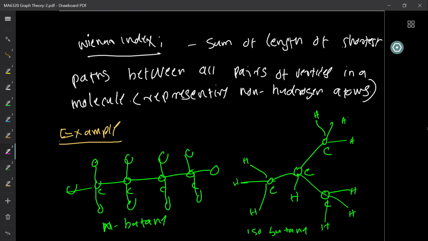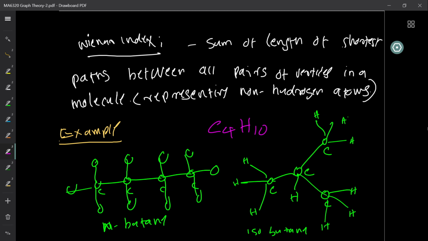For example, you have these two butanes. Butane has four carbon atoms and ten hydrogen atoms. But there are two different possible butanes that occur as molecules, so the structure is different.